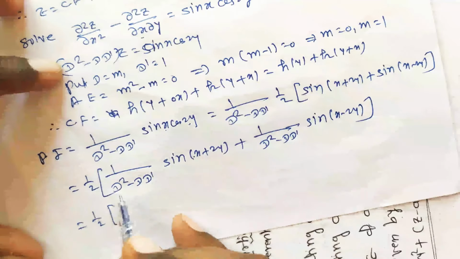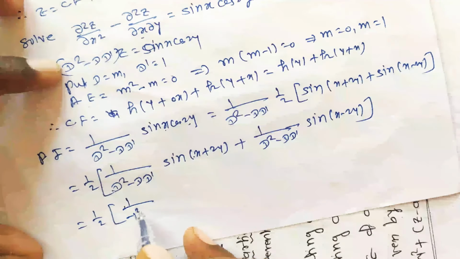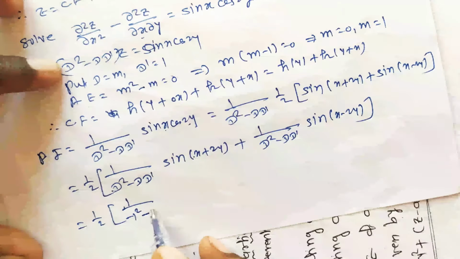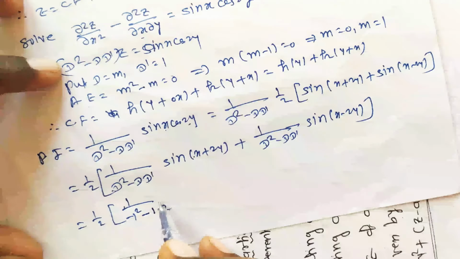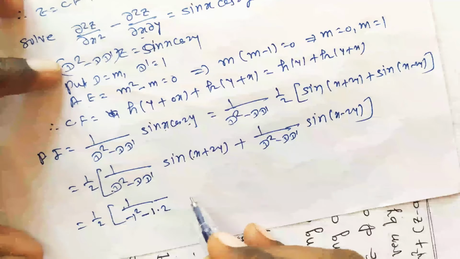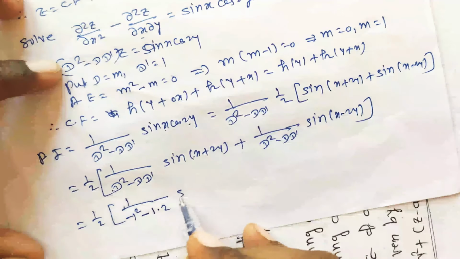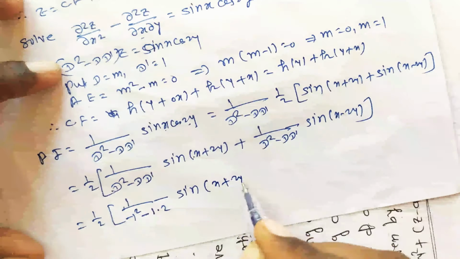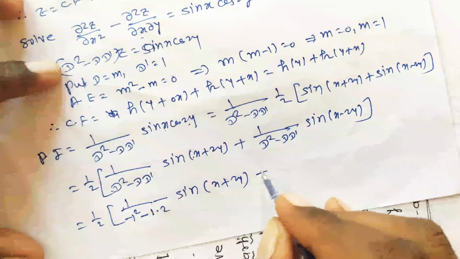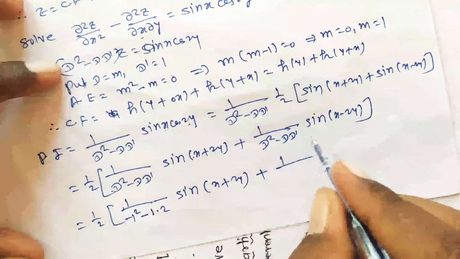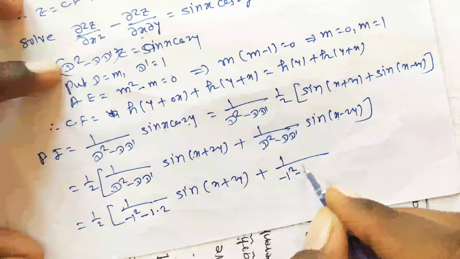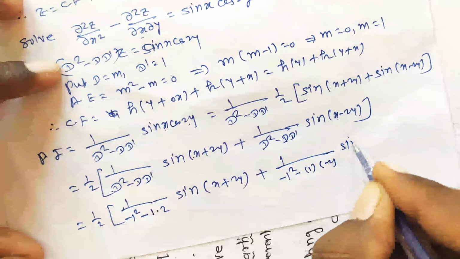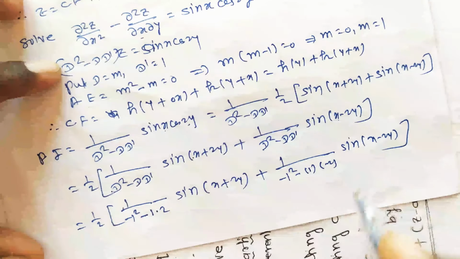What is a? a is 1 here, so minus 1 square, and D dash we replace by minus ab, where a equal to 1 and b equal to 2, into sin of x plus 2y, plus 1 upon, here also we put D equal to minus 1 square, so minus 1 square minus, a is 1 and b is minus 2 here, into sin of x minus 2y.